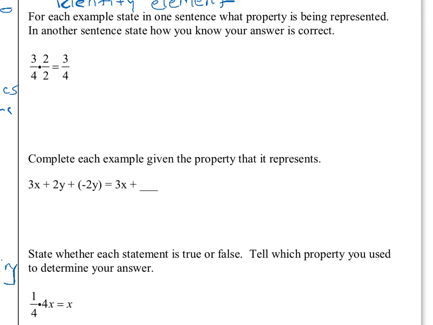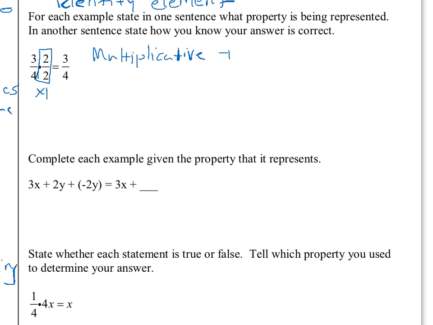Jacqueline, what do you think? She says multiplicative identity. Jacqueline, explain to me why you think this is multiplicative identity. Okay, she's telling me she recognizes this multiplication of 2 over 2 is the same thing as multiplying by 1.